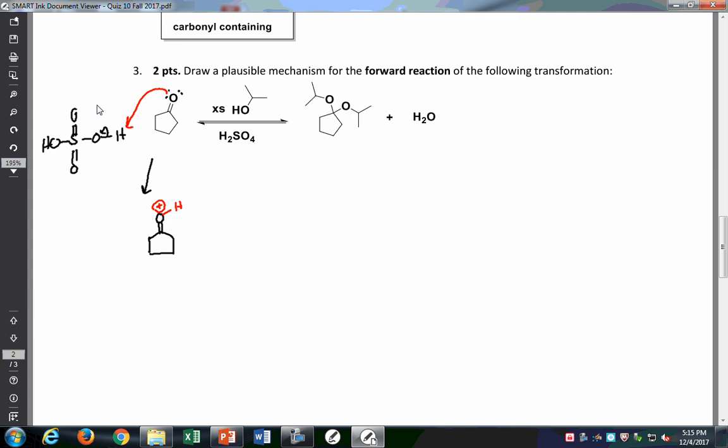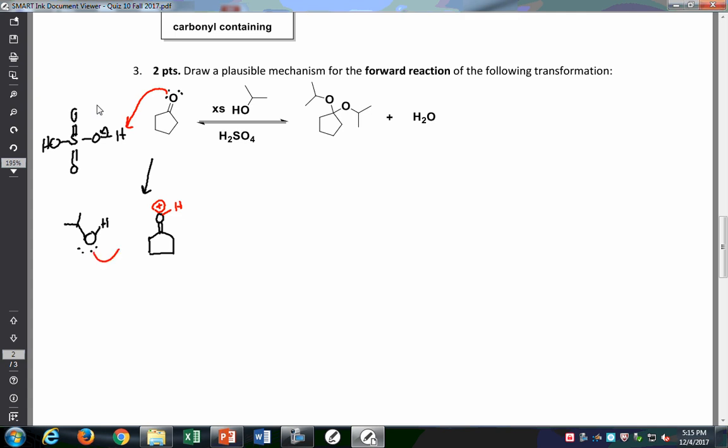Now our carbonyl carbon is going to be more susceptible to attack, because we made this reagent higher in energy. So that means that our OH is going to attack it more. And it's going to attack as a neutral alcohol because, again, we will not form an OH negative in this reaction mixture.